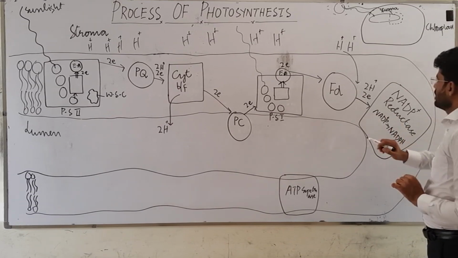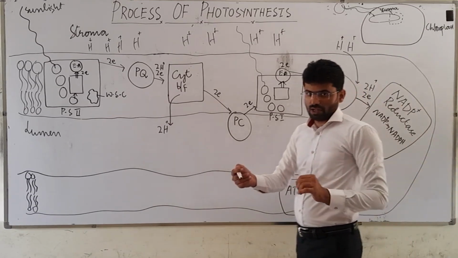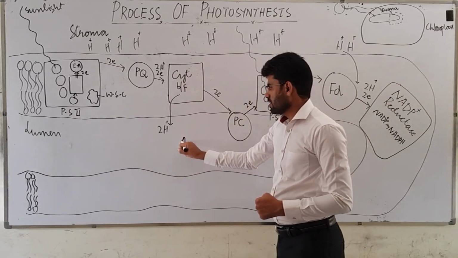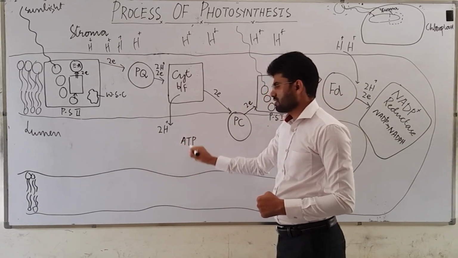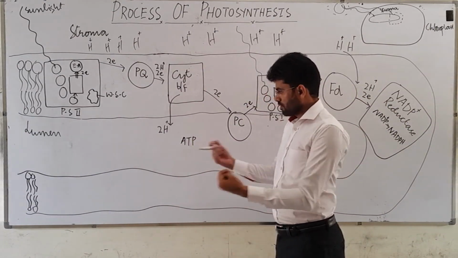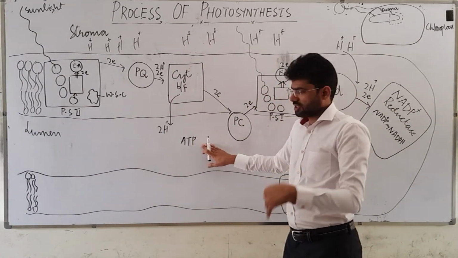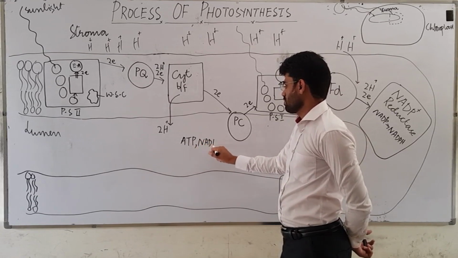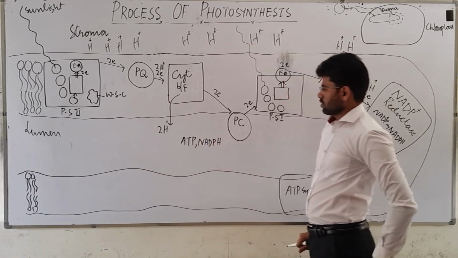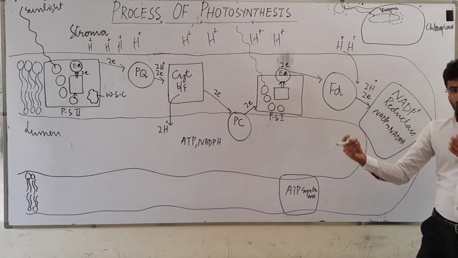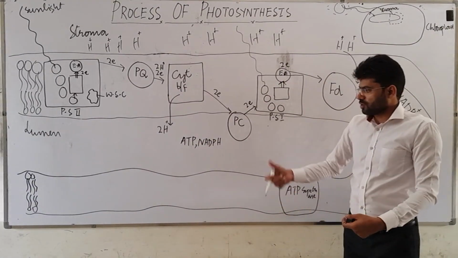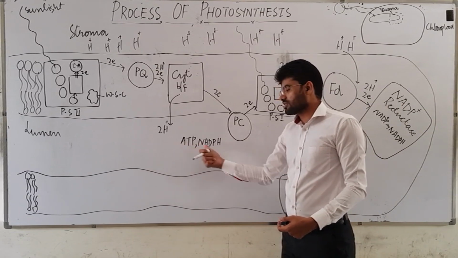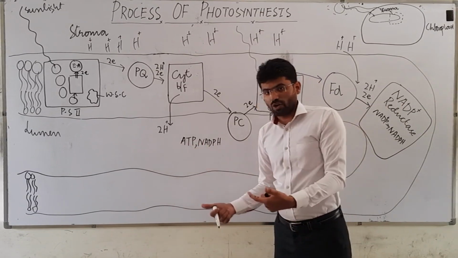In the start of the light dependent reaction, I told you that we have to obtain two molecules from this light reaction. One is called ATP, which I haven't synthesized yet. Another one is called NADPH. So the purpose of the light reaction is to synthesize these two molecules, because these two molecules are called energy carrier molecules.